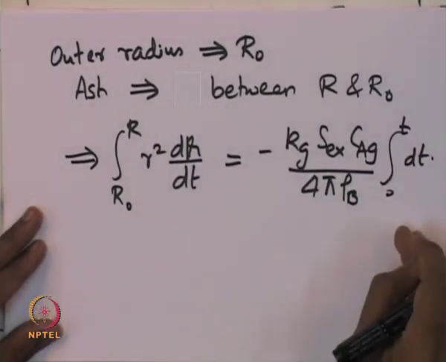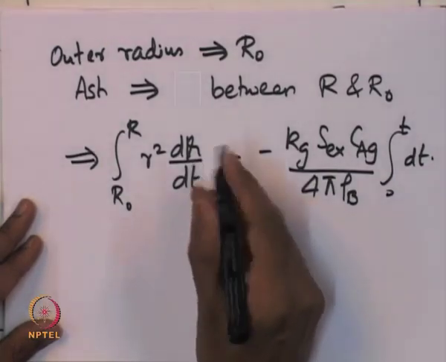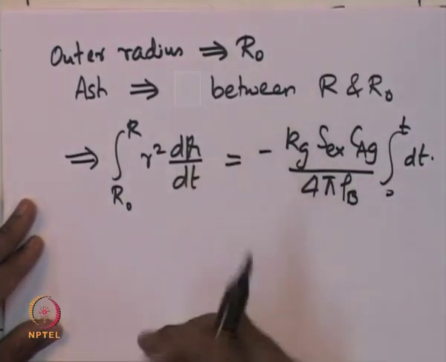This integration will now provide an expression for finding the radius of the unreacted core as a function of time.